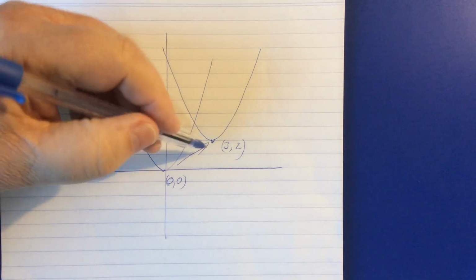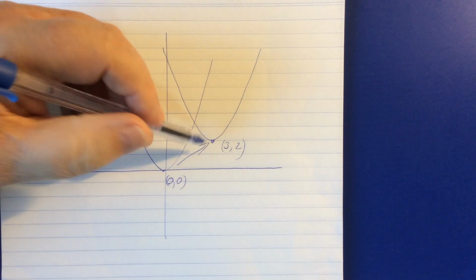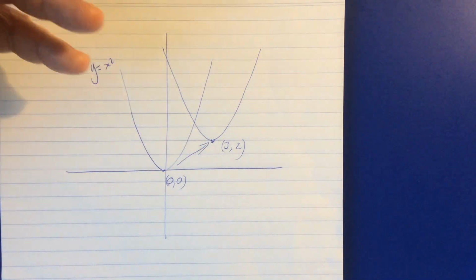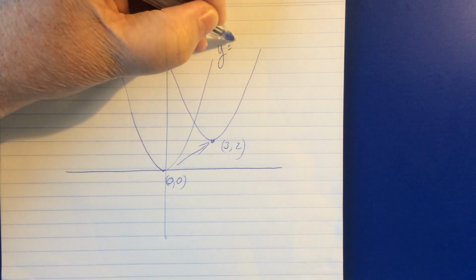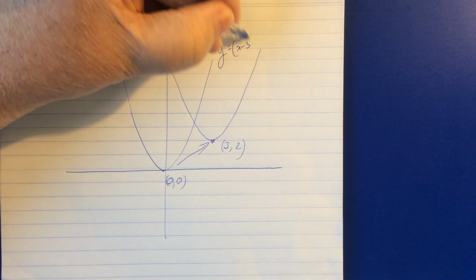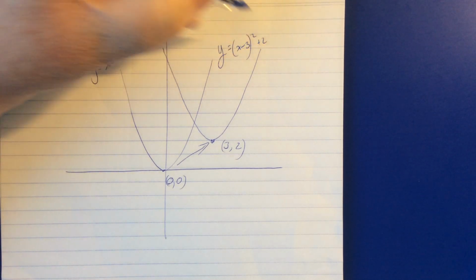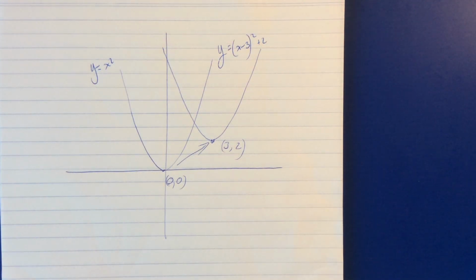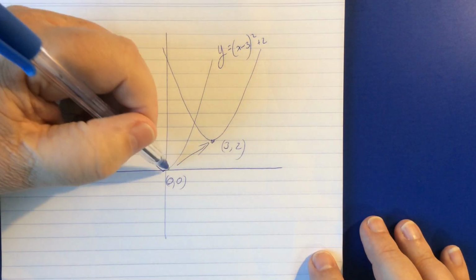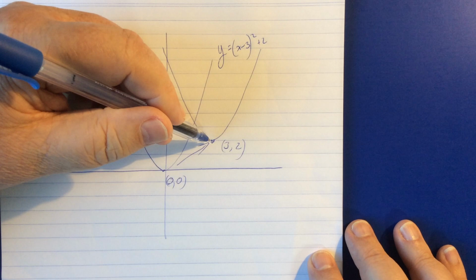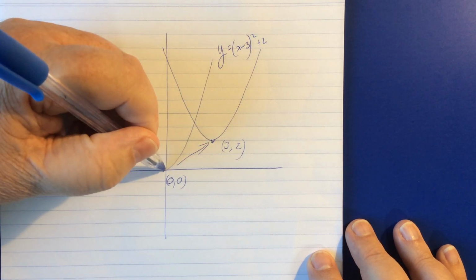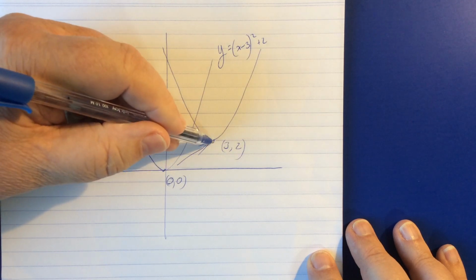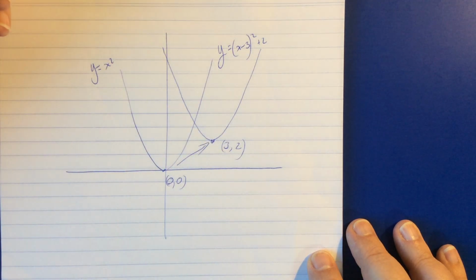Those of you who do physics would recognize this as a resultant vector, but this is the result of what goes on. And just to reiterate the point, (x minus 3) all squared plus 2. So we get a combination of translations which add up to a movement at an angle from 0, 0 to 3, 2 as our turning point.